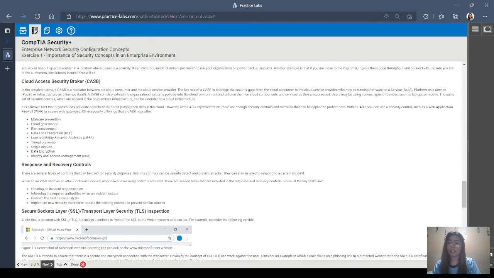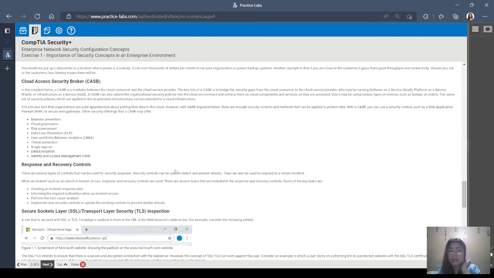You would not put up a data center in a location where power is scarce. It can cost thousands of dollars per month to run your organization on a power backup system. Another example is that you are close to the customer.